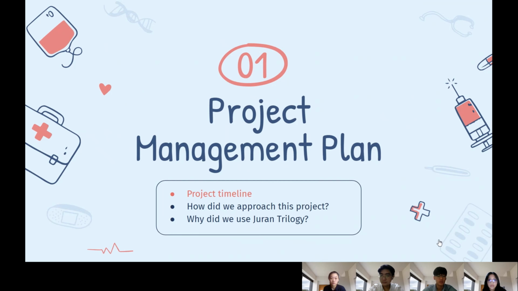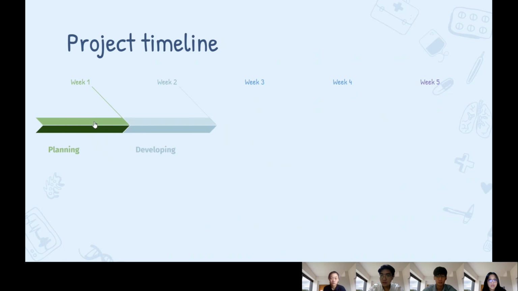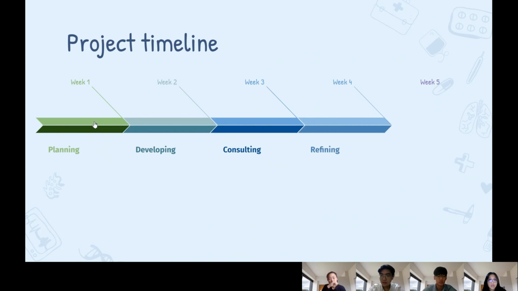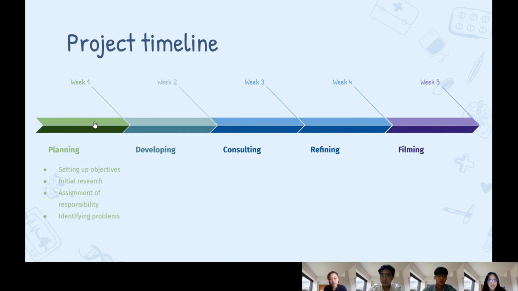We will first start by covering our project timeline under project management plan. We have spent a total of 20 hours over 5 weeks to complete this project. We generally classify our progress into planning, developing, consulting, refining, and filming stages. In the first week, we started by having a brief research on what is a drug home delivery order.